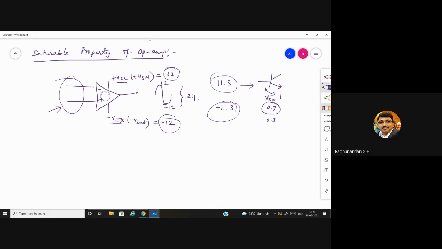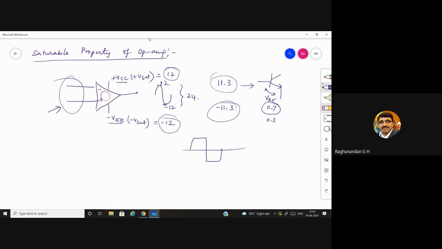Once the output reaches the saturation level, it doesn't increase further even when input voltage is increased. If you try to increase the input voltage to increase the output, the output signal gets clipped off. So instead of getting a sine wave, you might get a square wave like this.